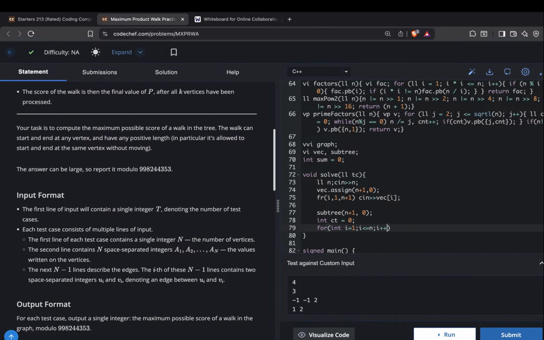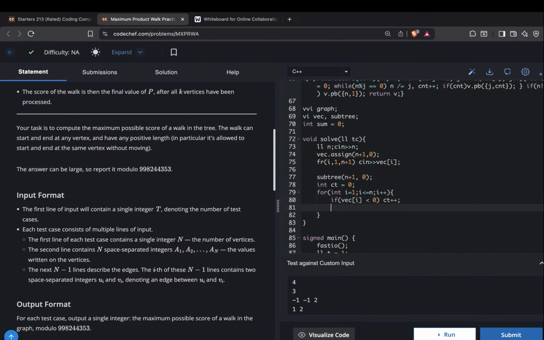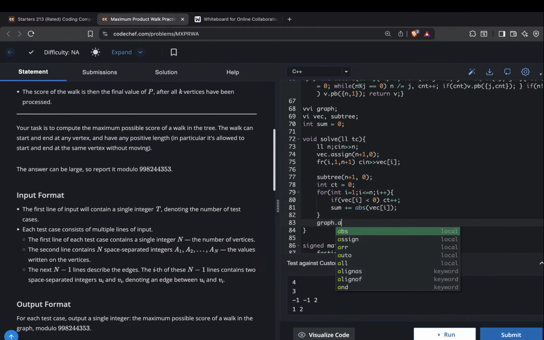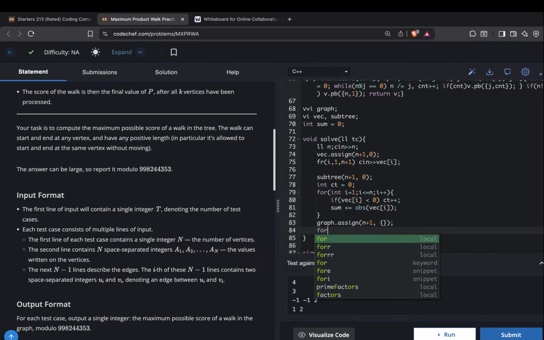Okay, iterate over all the values. If the value is negative, increment the count and add the value to the sum. Now take the graph as input, or let's say adjacency list as the input.